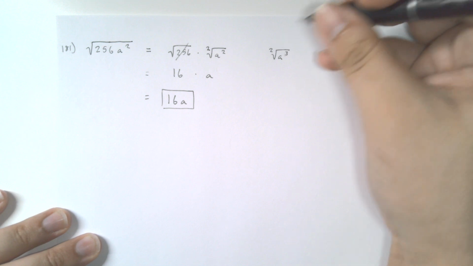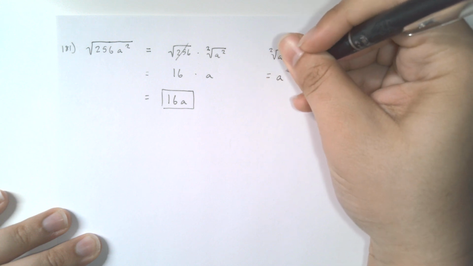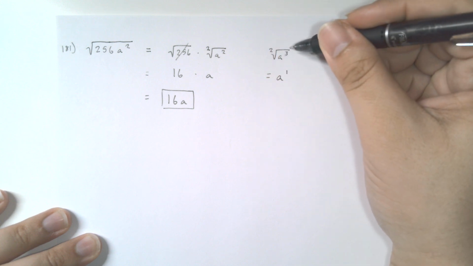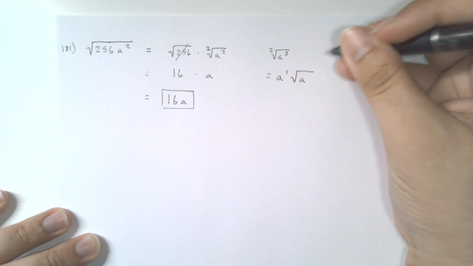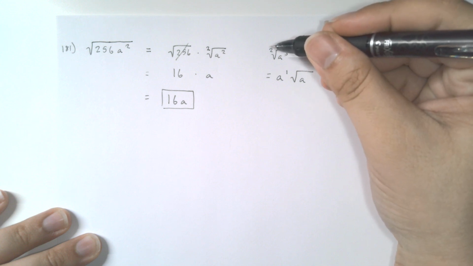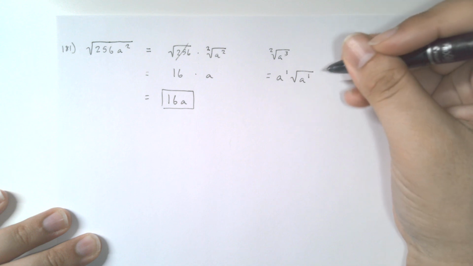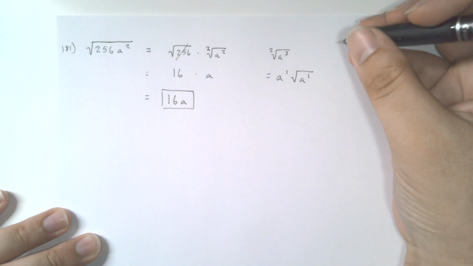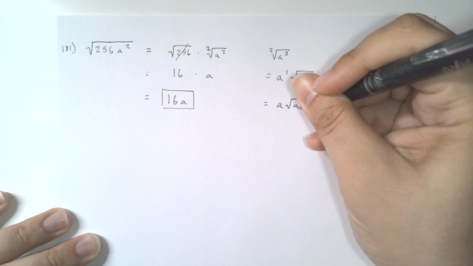Well, it goes in once with a remainder of 1. So a to the first, because 2 goes into 3 once, times the square root of a to the power of whatever our remainder is, which is a to the first as well. And simplifying that, we would have a times the square root of a.